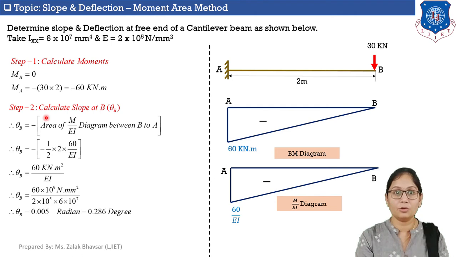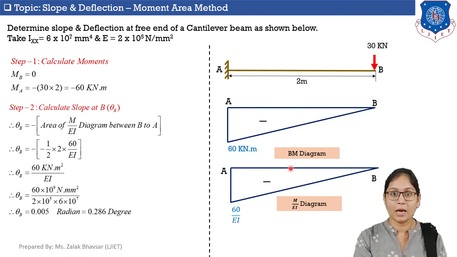In step number 2 we will calculate the slope at point B, and I denote it as theta B. For calculation of the slope we need to apply moment area theorem 1. As per moment area theorem 1, for calculation of slope at point B, we need to calculate the area of the M upon EI diagram first.